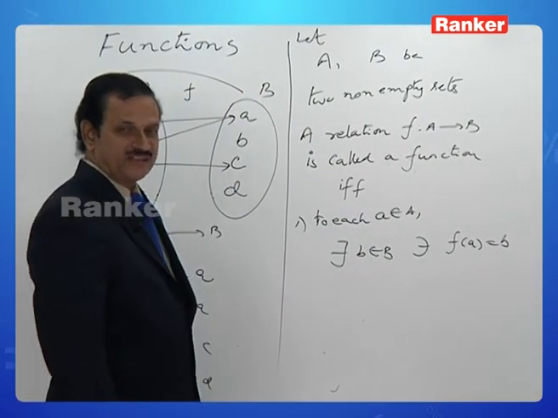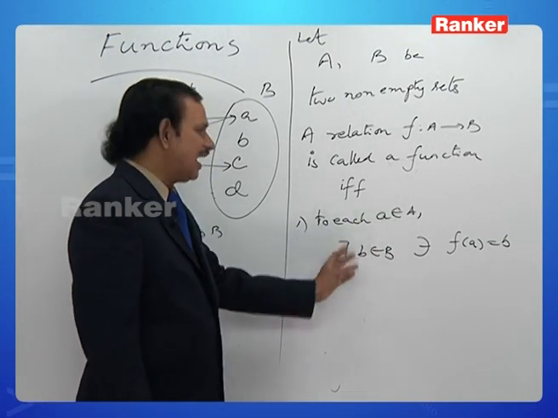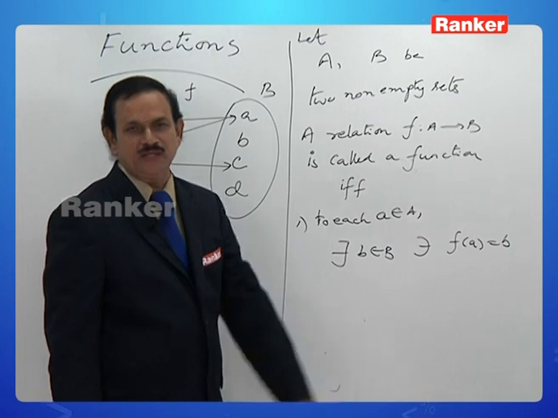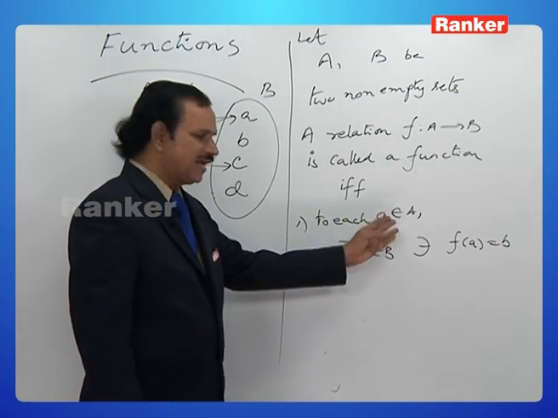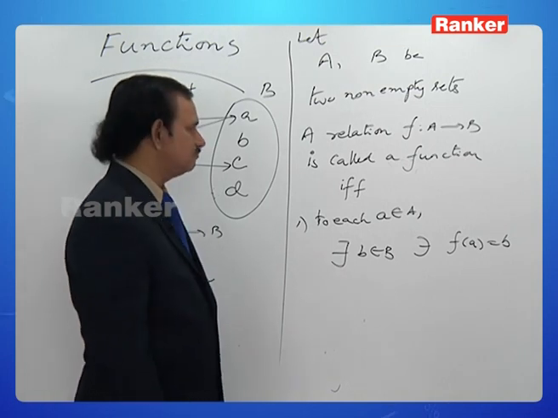In words, it can be expressed in this way also. Every element of capital A has an image in capital B. Of course, the image of small a is small b, and the image is denoted by the symbol F of a.